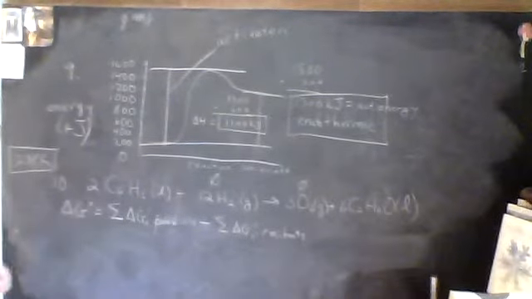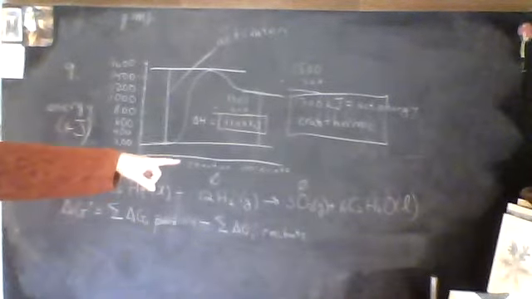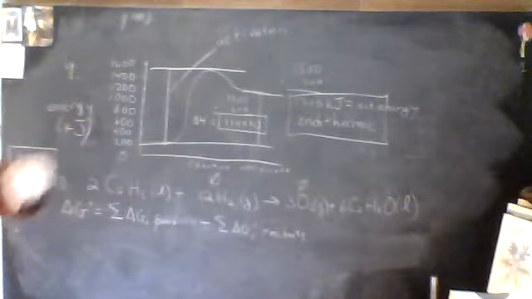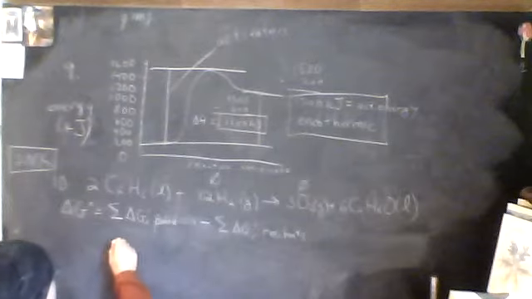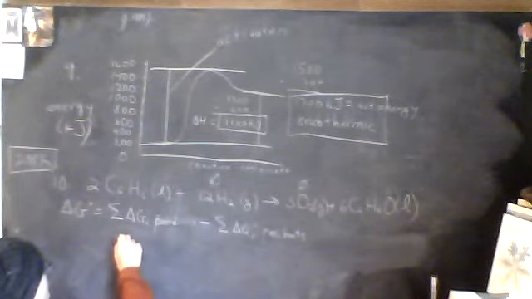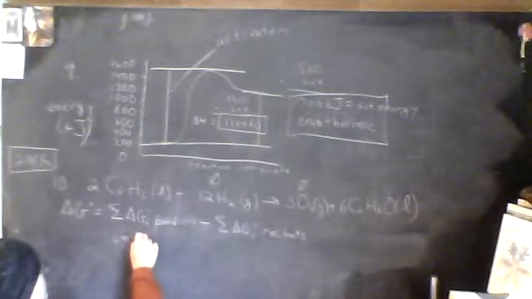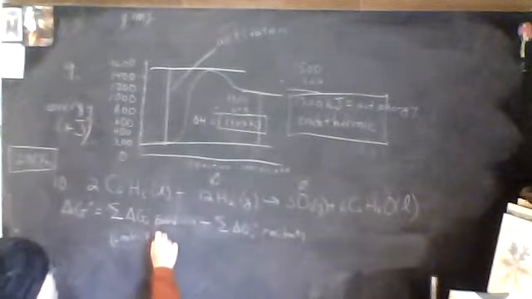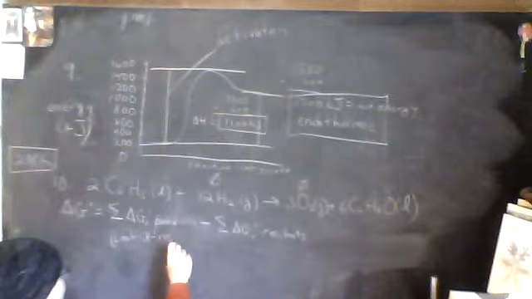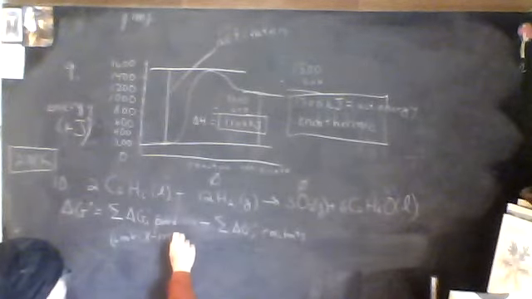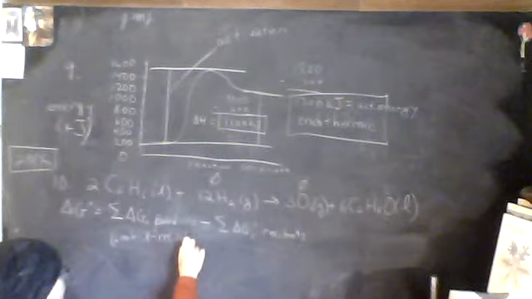Wait, let's not do that one yet. C2H6O liquid is negative 175. What are the units? It said at the top of the chart. Kilojoules per mole.